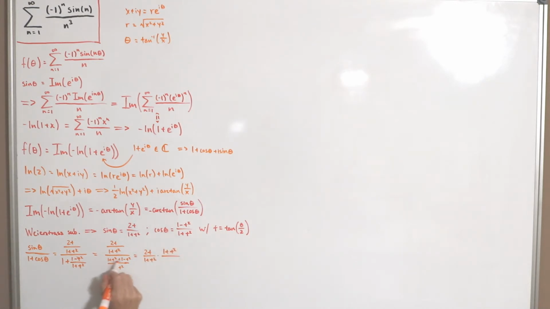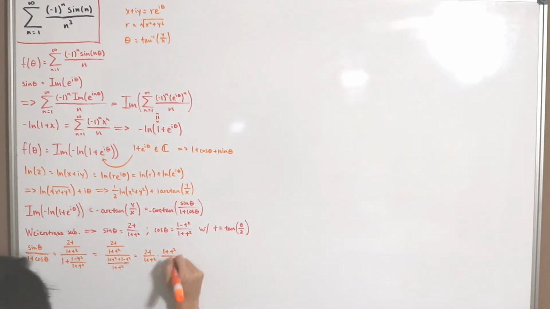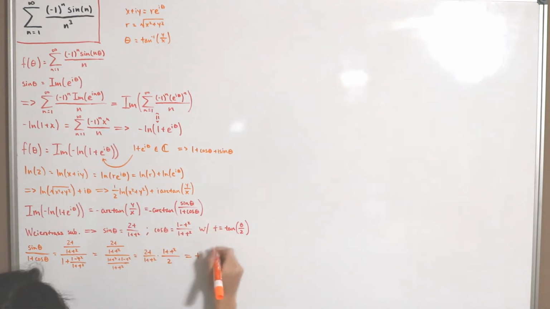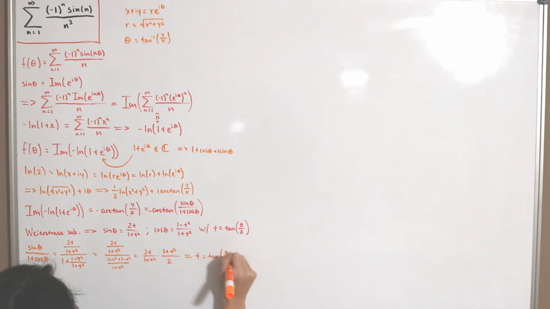And then we cancel out some terms here. We get 1 plus 1 is 2, and then t squared minus t squared is 0. So it's just 2. Then we notice that the bottom 1 plus t squared and the top cancel. Then the 2 cancel. And so we're just left with t, where we set t equal to tangent theta over 2.